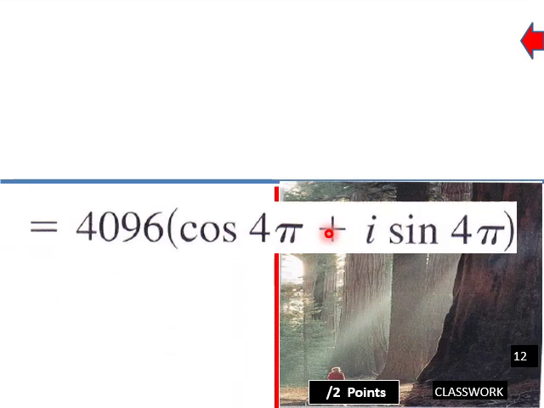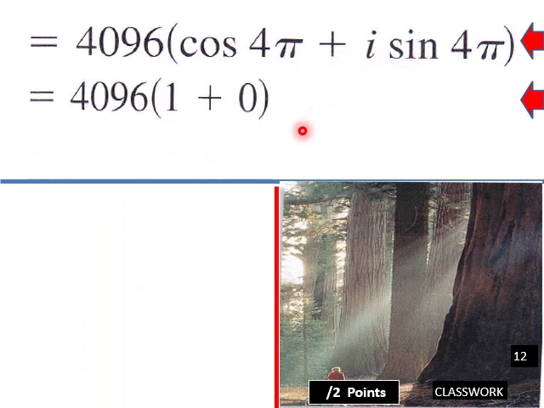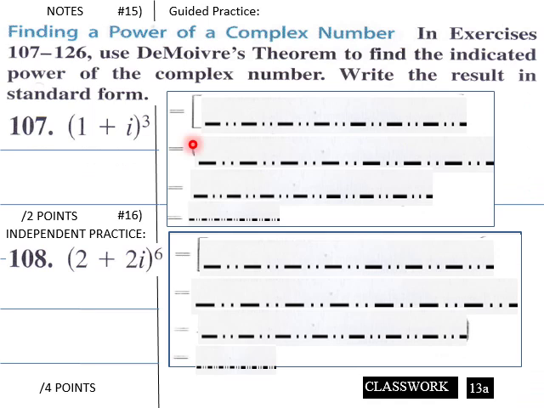Can we simplify that further? I think we can. 4096 multiplied times the quantity cosine 4 pi plus i sine 4 pi, which equals 4096, since cosine is 1 and sine is 0, so it ends up being 4096 for that product using that power property.